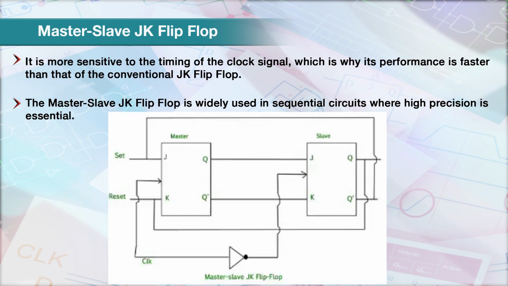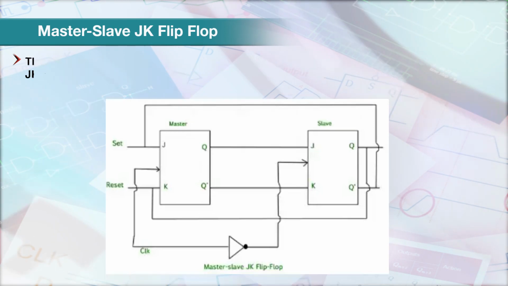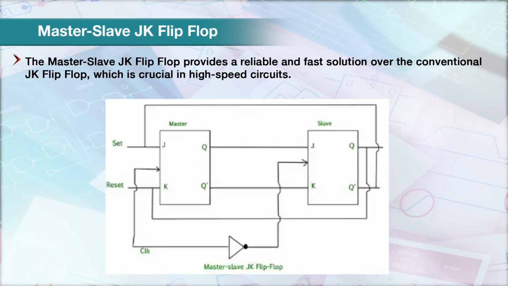The master slave JK flip flop is widely used in sequential circuits where high precision is essential. In summary, the master slave JK flip flop provides a reliable and fast solution over the conventional JK flip flop, which is crucial in high speed circuits.